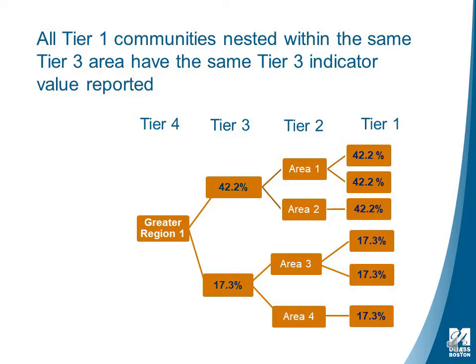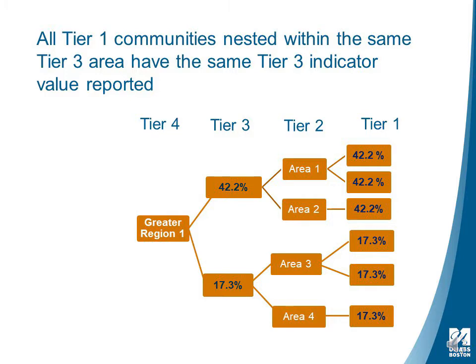Likewise, Region 2 of Tier 3, its estimate is 17.3%, and towns 4, 5, and 6 all receive the same estimate of 17.3%.